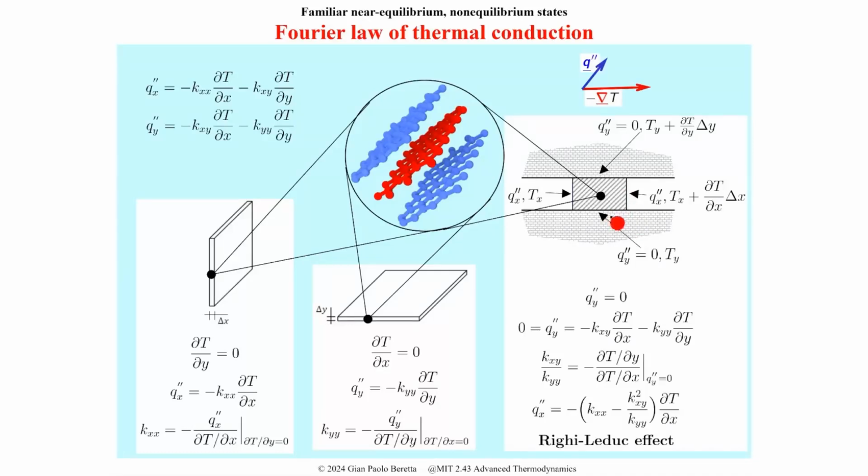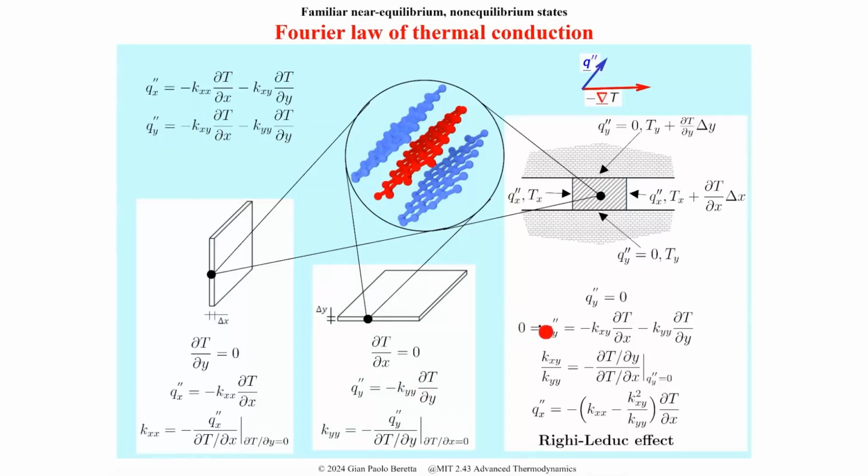However, in spite of that, so there is no heat flux in the vertical direction, yet you're going to build up a gradient in temperature in that direction because of this equation here, which is rewritten here.